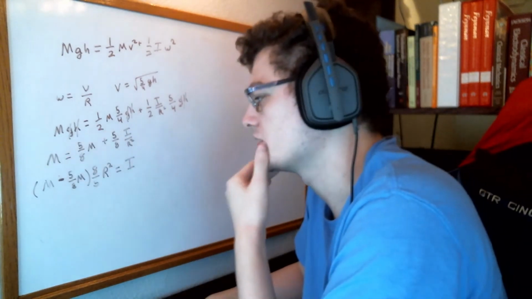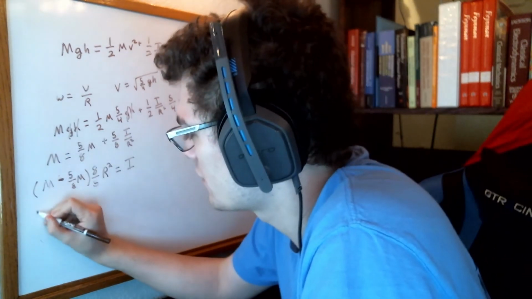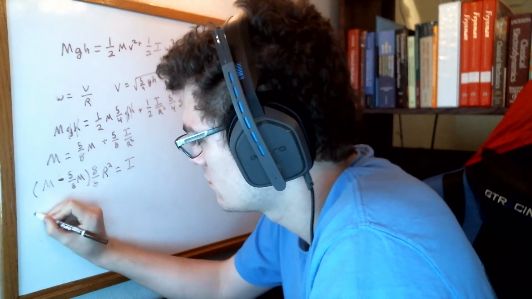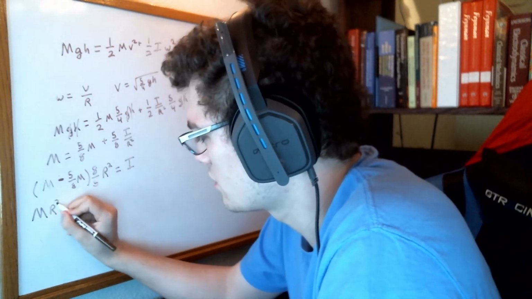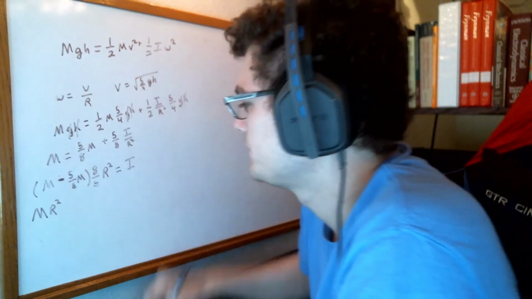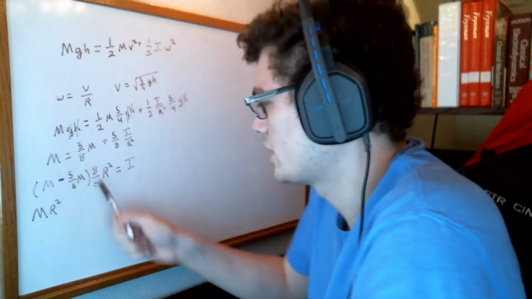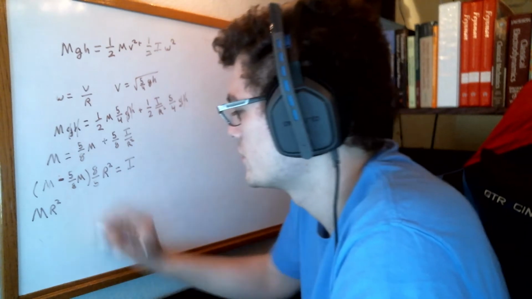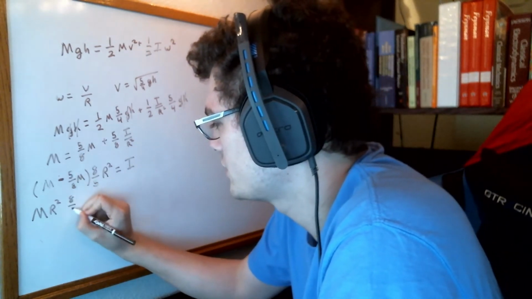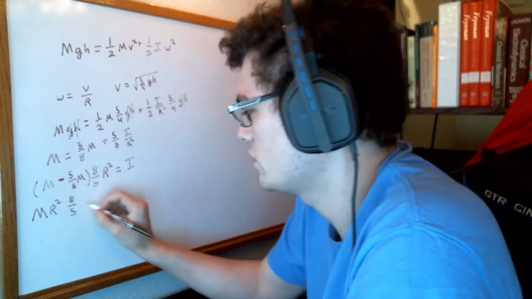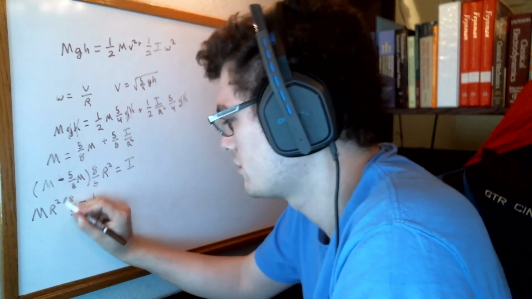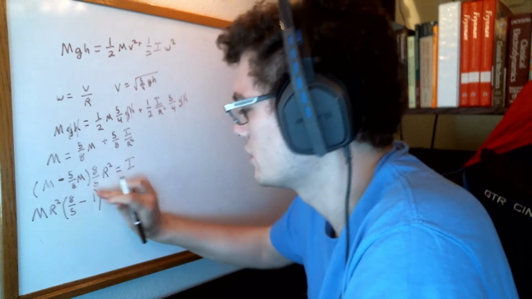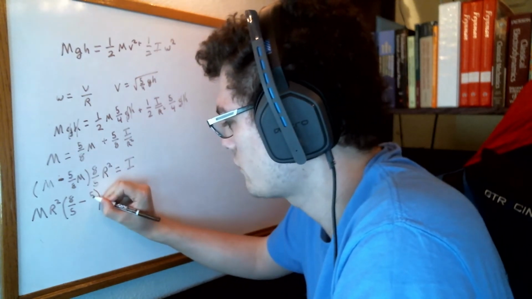So let's simplify this just a tiny bit. We can factor out our m. We only need one of those. And let it sit next to our r squared. And then we can start combining some like terms here. So this is going to be 8/5 in here, because this is going to be times a 1, minus, and this is going to be a 1 here, which we can instantly put into 5 over 5.